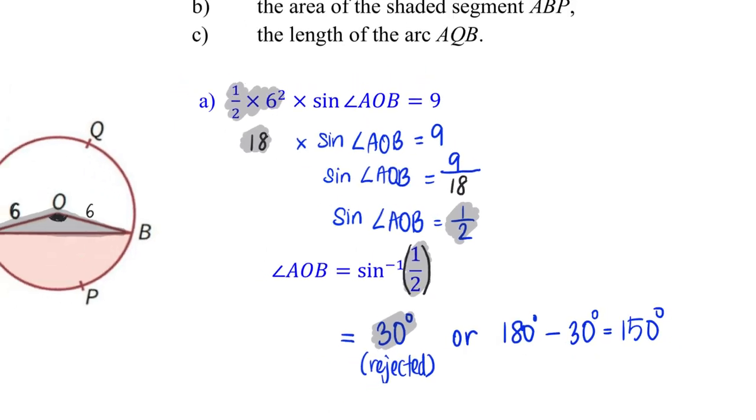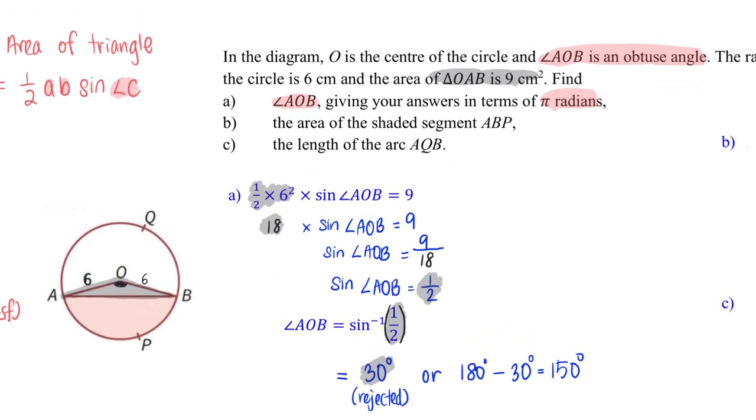But going back to the question, they actually tell me that angle AOB is an obtuse angle. At this point in time, Mr. Tan, remember, every time we have a sine ratio, here sine of angle AOB equals to half, there can be two possible answers. It's either the acute or the obtuse angle. In this case, 180 minus 30, 150 degrees.